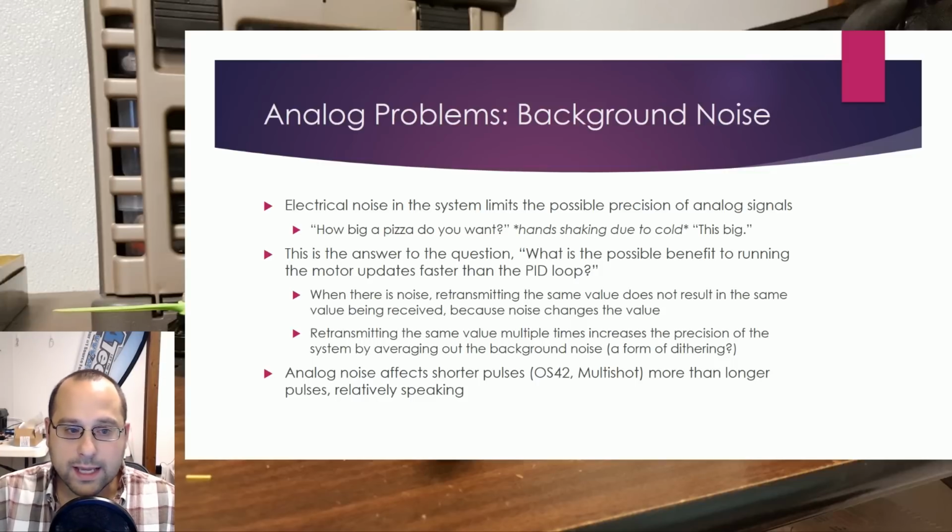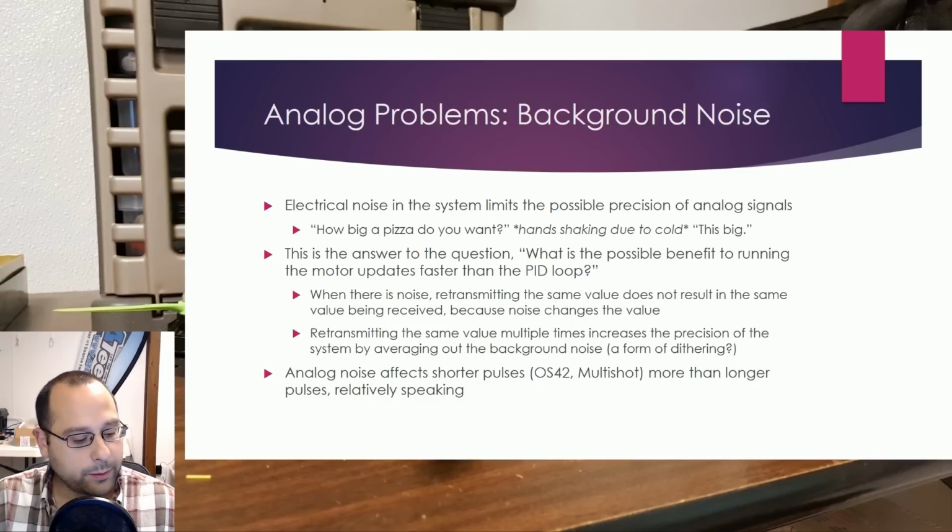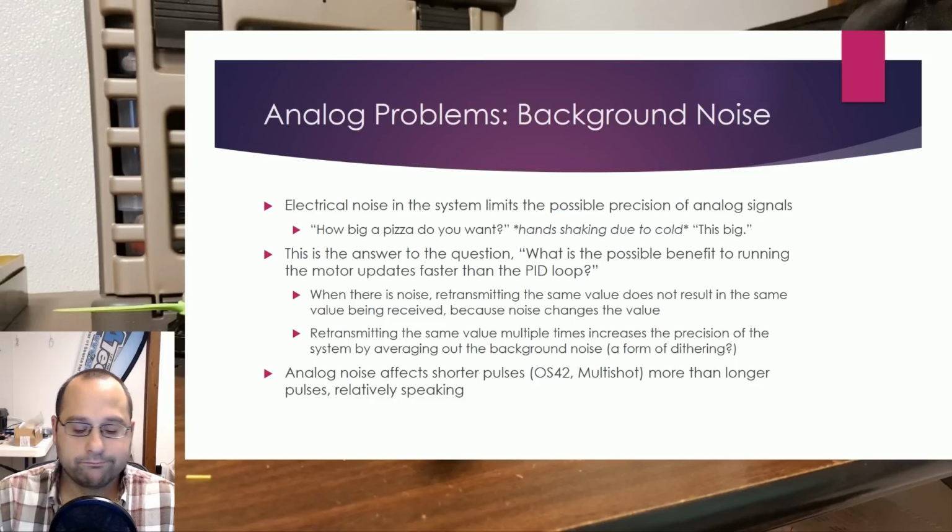So this is actually an answer to the question, what's the possible benefit to running the motor updates faster than the PID loop? Some people have said if you're only running the PID loop at, say, 4 kilohertz or 8 kilohertz, what's the point of running unsynced motor output at 32 kilohertz? You're just repeating the same value again and again and again.